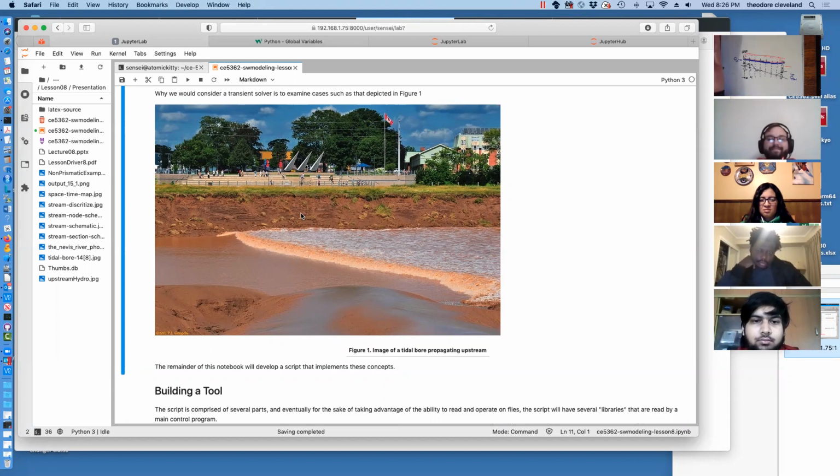So basically, to keep the tax dollars in your pocket, we want to avoid permit issues. So that's the motivational picture.